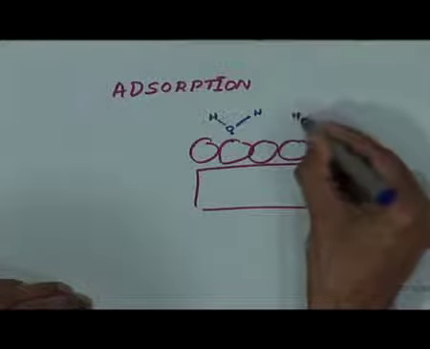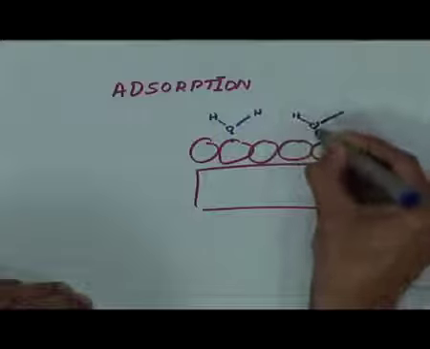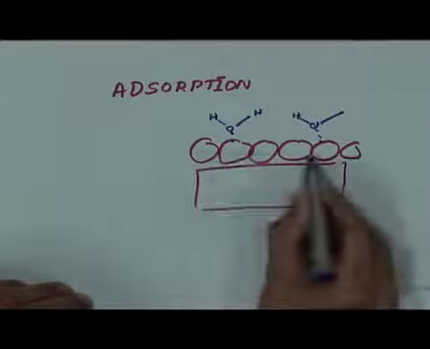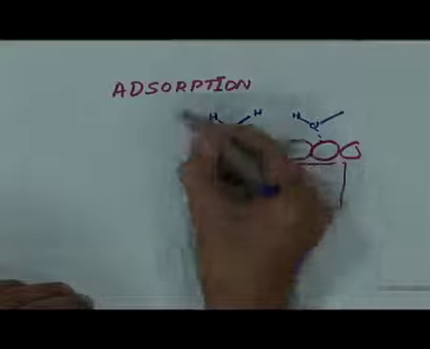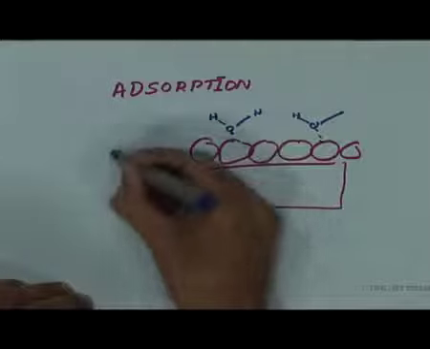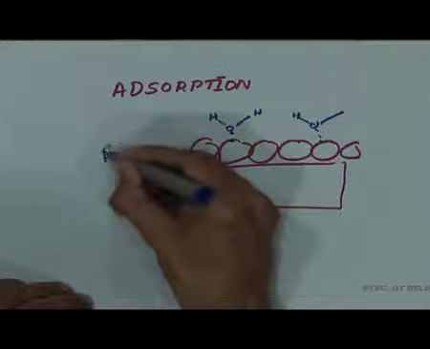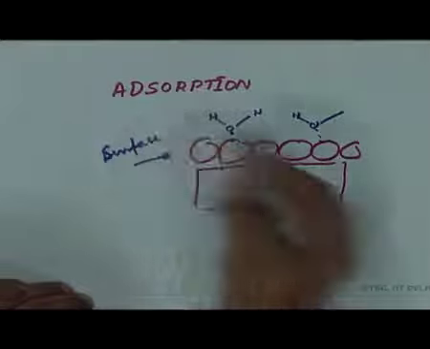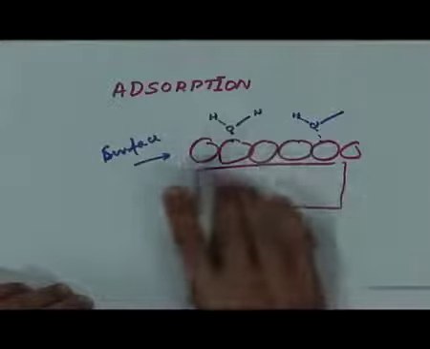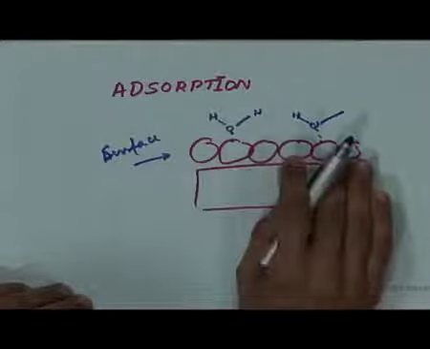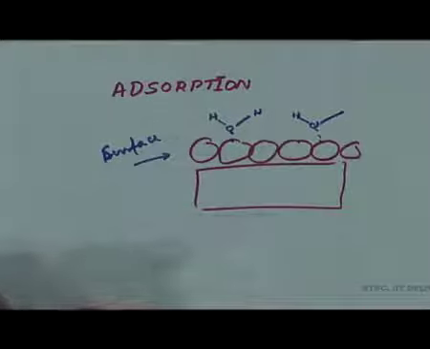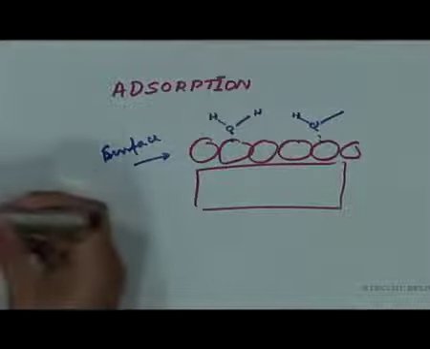So, I have water molecules and they bind to the surface. This is called adsorption, where the molecules get bound to the surface. Contrast this with something that you have come across already, which is absorption.